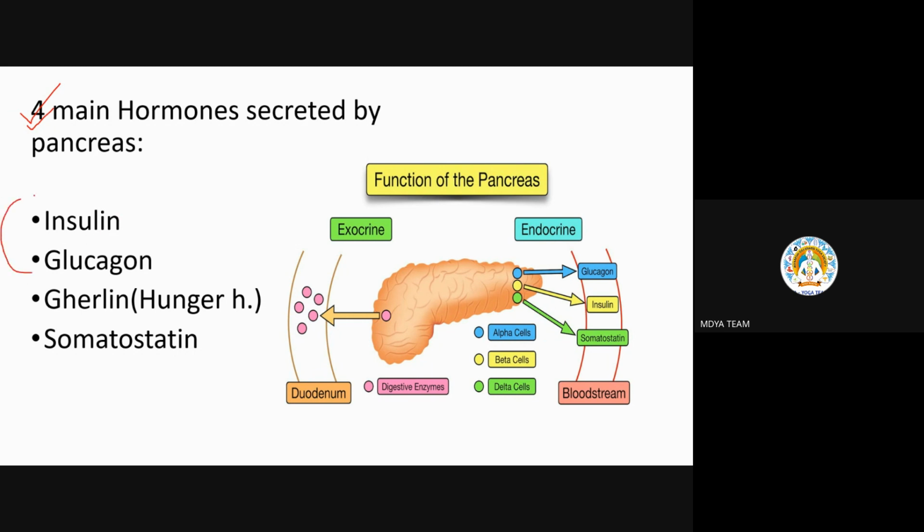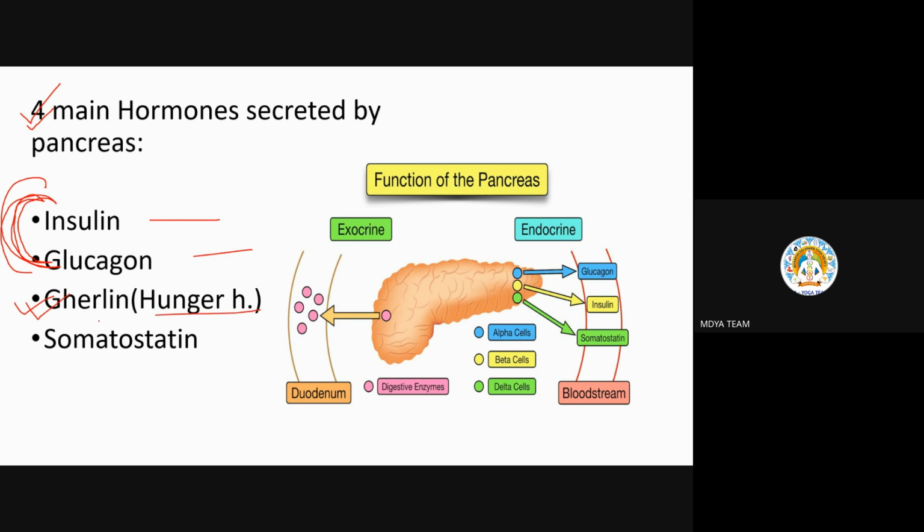The first two are the main focus today, because these are the ones related to diabetes mellitus. We'll see what insulin and glucagon are. Ghrelin, a little introduction: it is also called the hunger hormone.